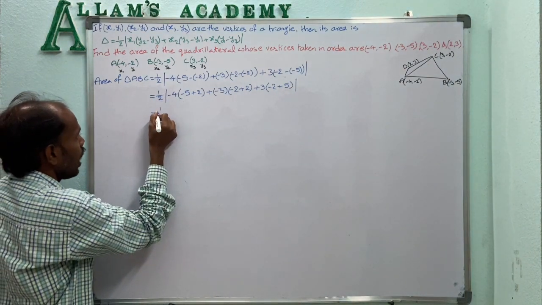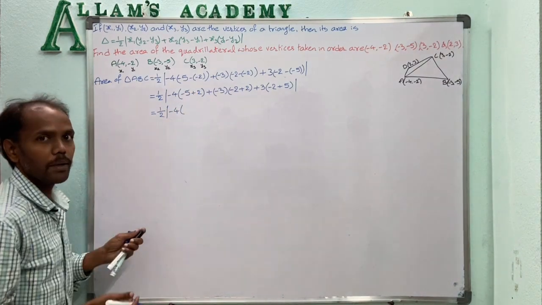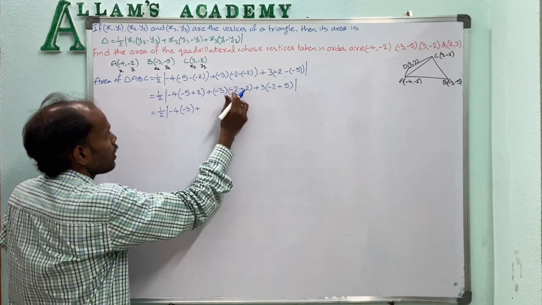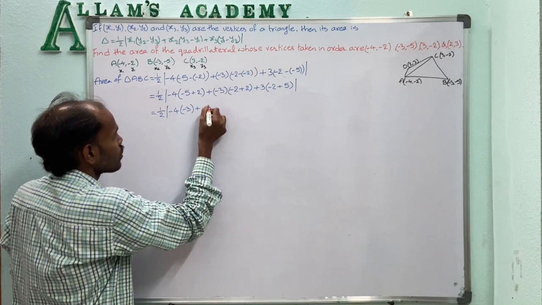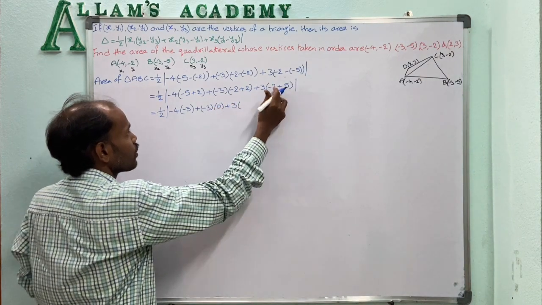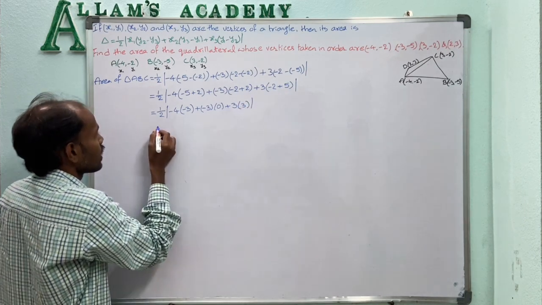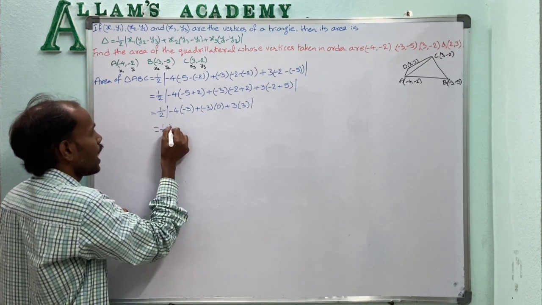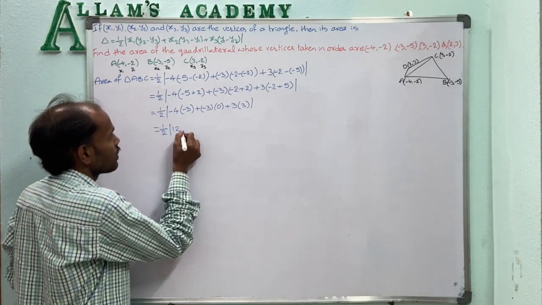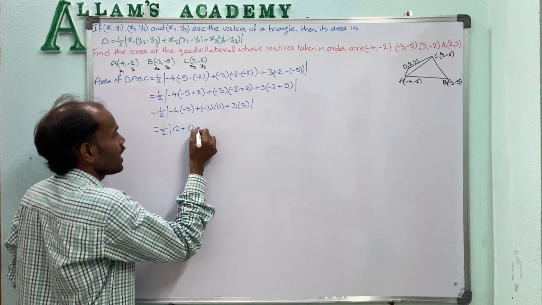That equals half of mod -4 into -3, since -5 plus 2 is -3, plus -3 into 0, since -2 plus 2 is 0, plus 3 into 3, since -2 plus 5 is 3. So -4 into -3 is plus 12, -3 into 0 is 0, and 3 threes are 9.